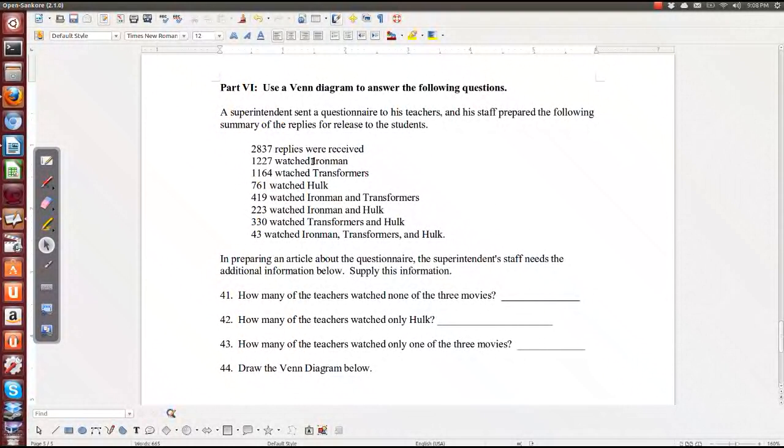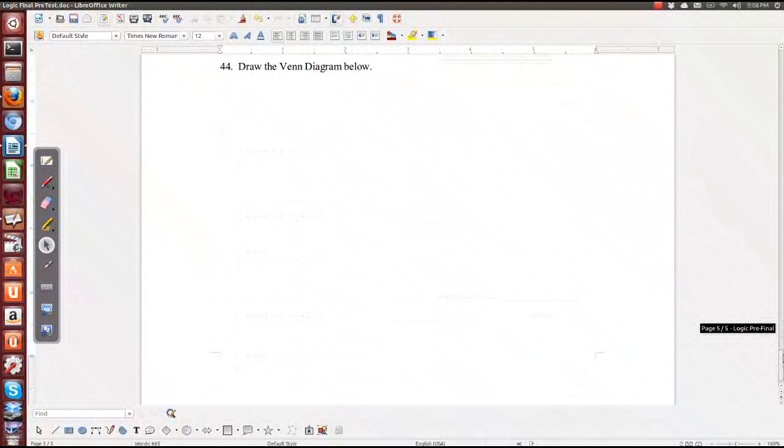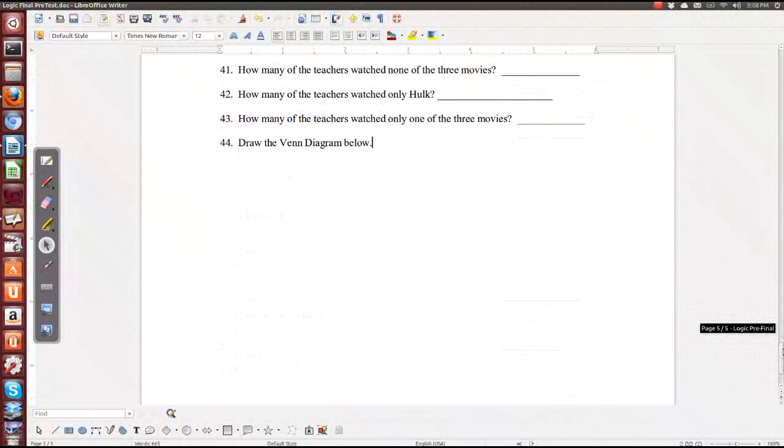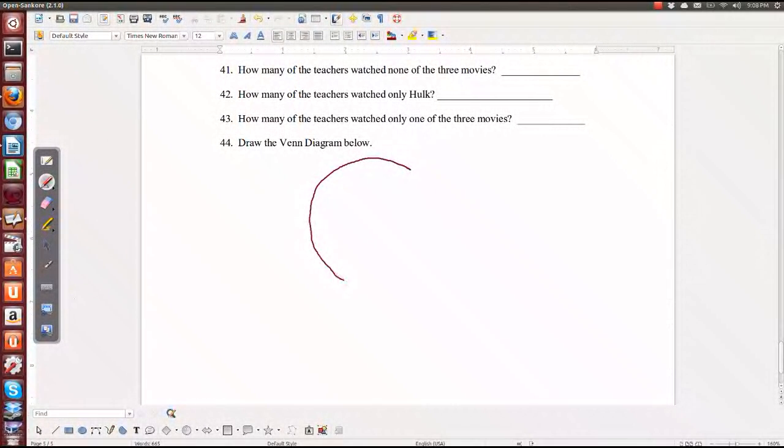The set of teachers who've watched Iron Man, the set of teachers who've watched Transformers, and the set of teachers who've watched Hulk. So I need to come up with a Venn diagram that represents these three groups. So I'm going to draw one circle that represents the teachers that have watched Iron Man.